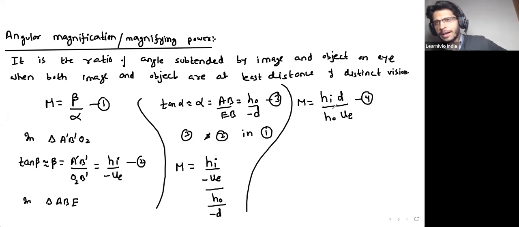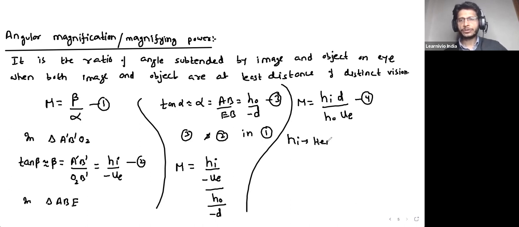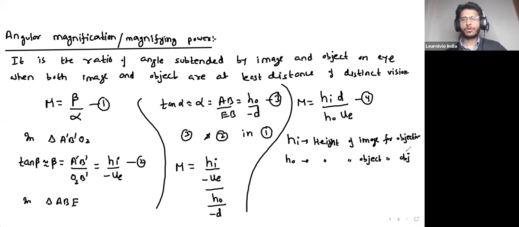Now, if you look at these heights very carefully, what is HI? It's the height of image for the objective lens. What is H naught? It's the height of object for the objective lens.